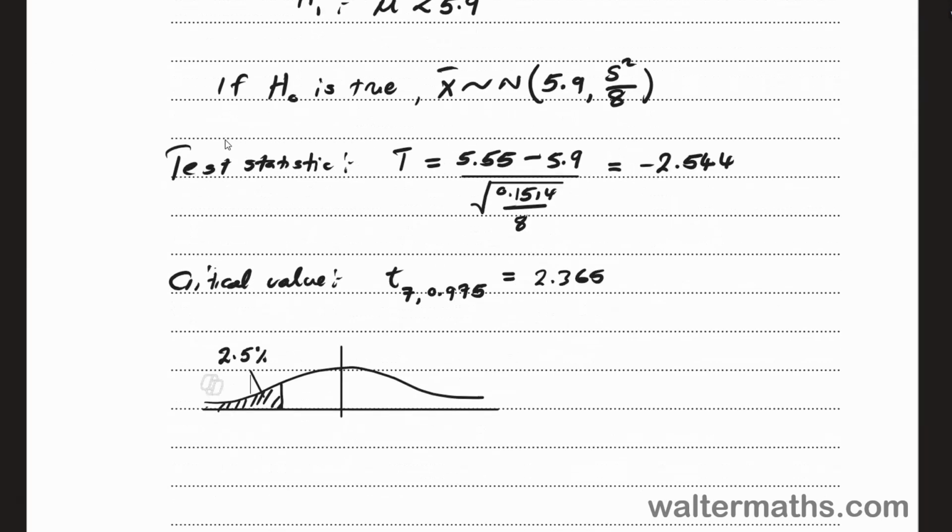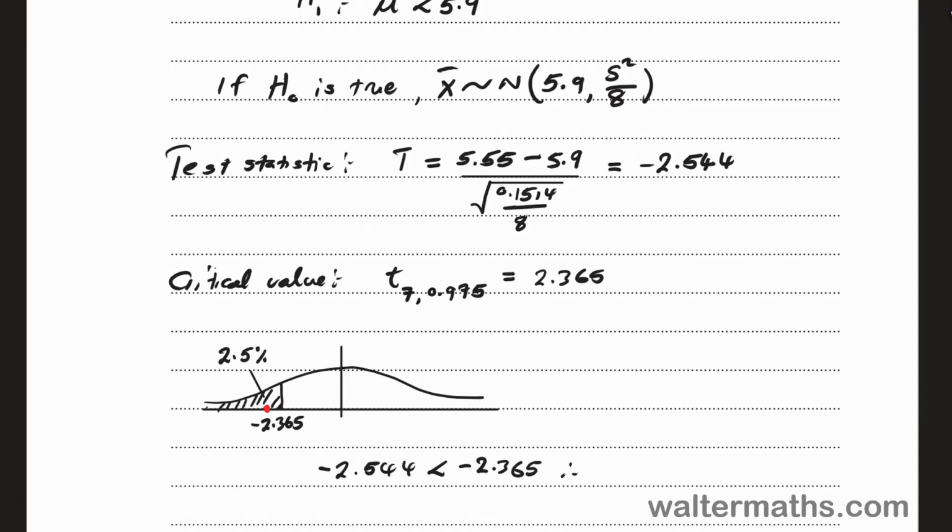And we know that the critical t value, since it's in the negative, will be minus 2.365. The test statistic is minus 2.544, which makes it lie in the rejection region, because minus 2.544 is actually less than minus 2.365.